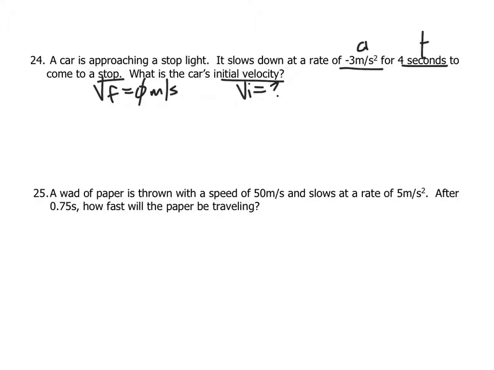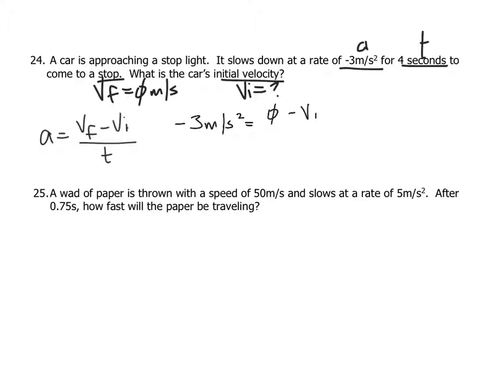So VI, VF, A, and T, it's going to be the same equation as above. VF minus VI divided by T, where acceleration is -3 because he's slowing down. Final velocity is 0 because he's stopping.